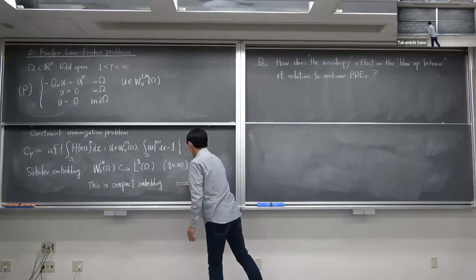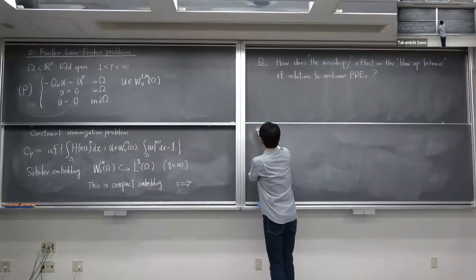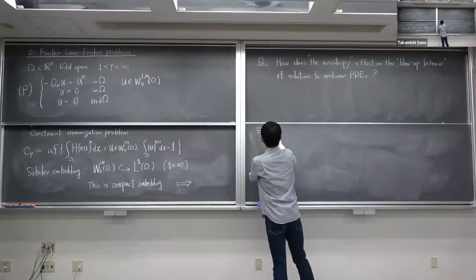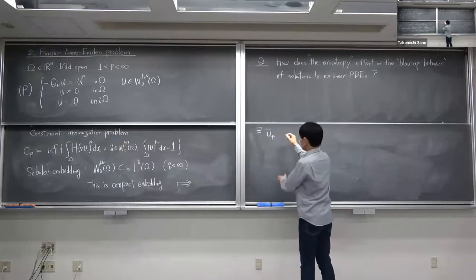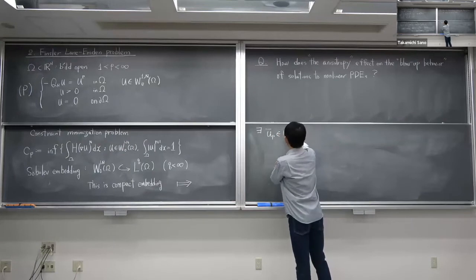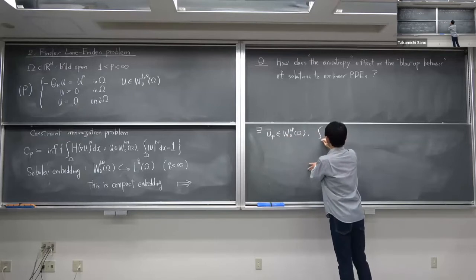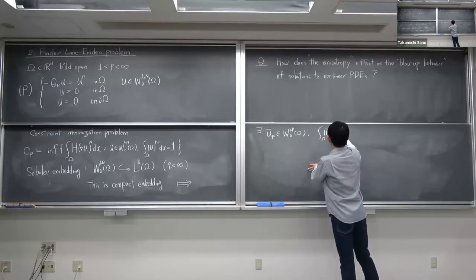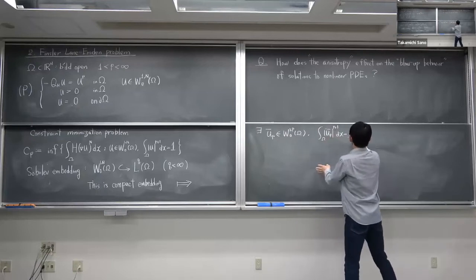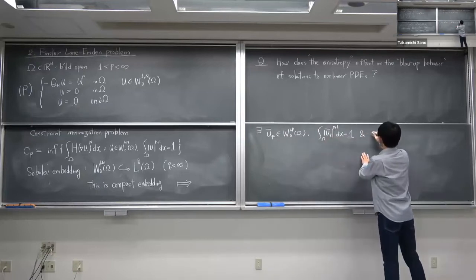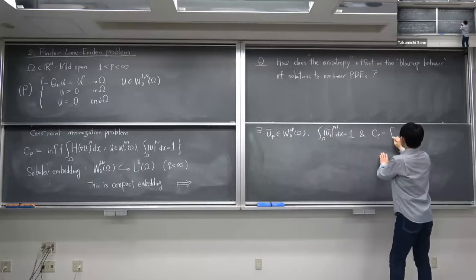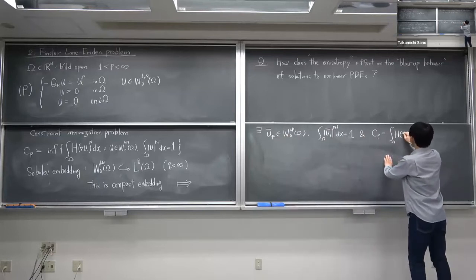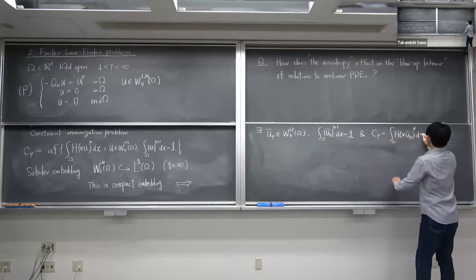This fact implies that there exists at least one minimizer, which I denote u-bar_p in W^{1,n}_0 of omega, such that it satisfies this constraint, and C_p is equal to the integral over omega of the gradient of u-bar_p to the power n dx.